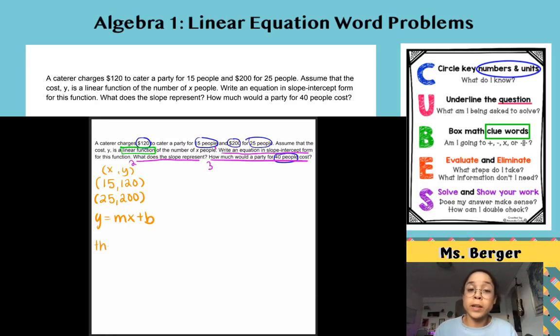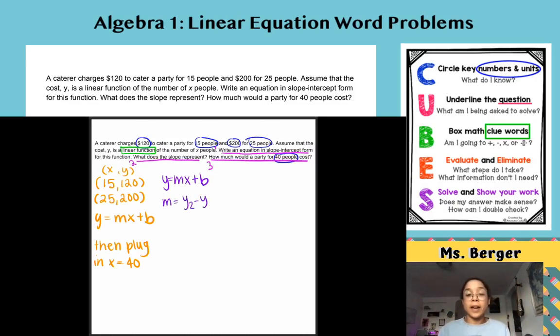The slope-intercept form is y equals mx plus b. That's just vocabulary. And then we're going to eventually plug in x for 40 because we want to know how much a party is going to cost for 40 people, and people is x. So let's answer the first part and find our equation, y equals mx plus b.